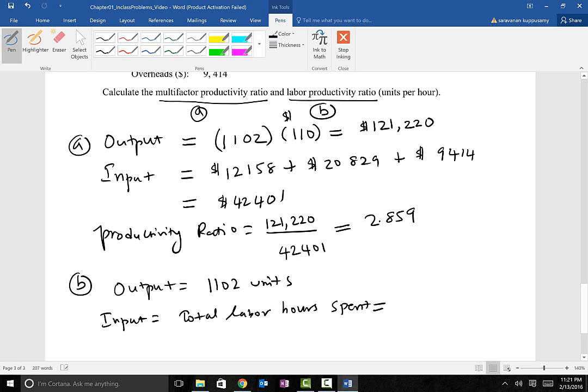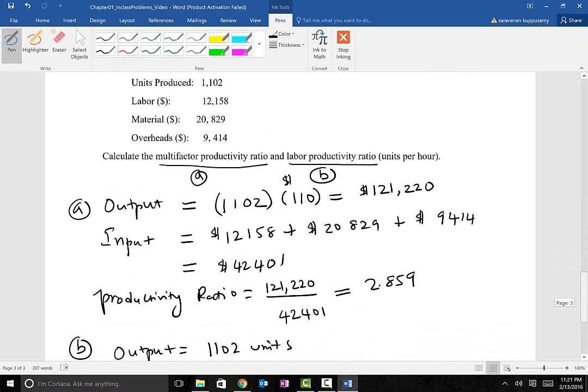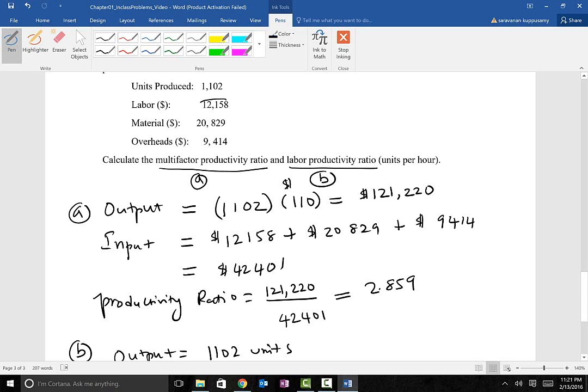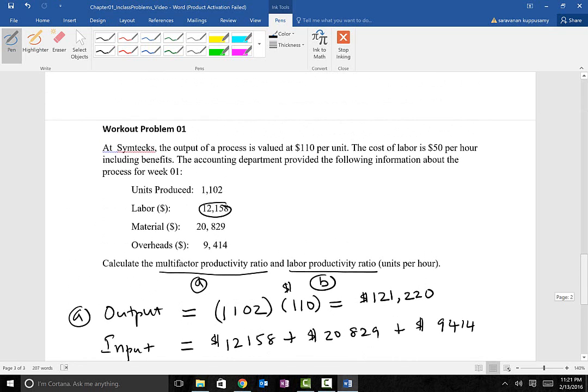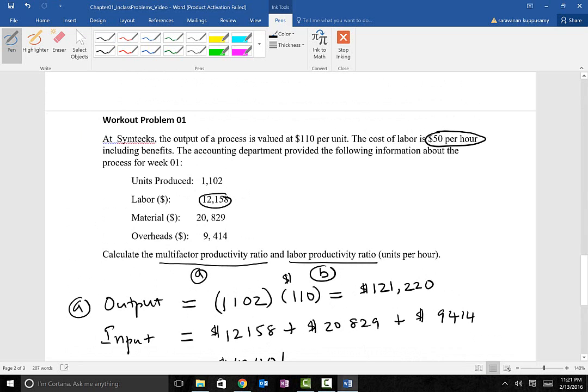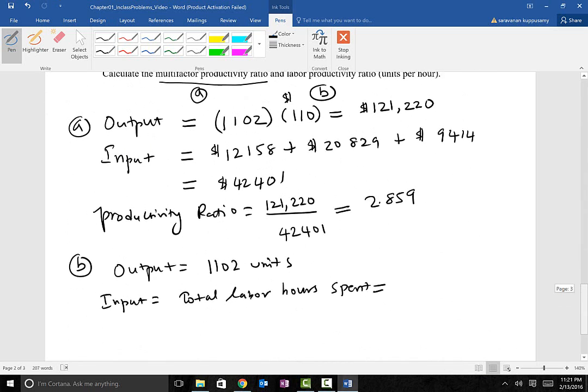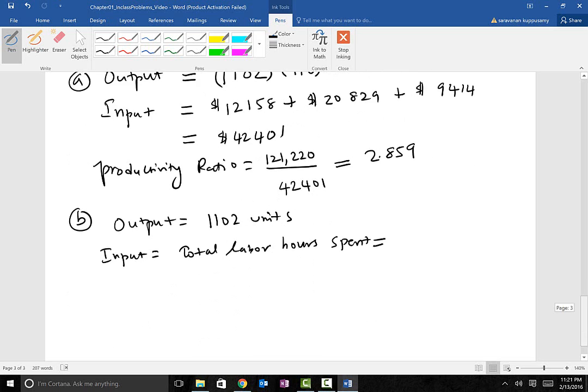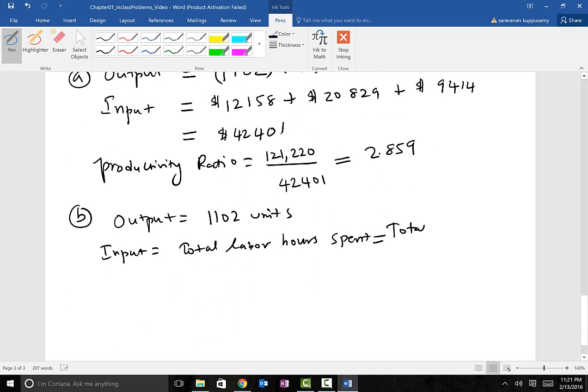The total cost spent in labor is 12158, and the cost of labor is $50 per hour. So you can use those two pieces of information to calculate the total labor hours spent. Total labor hours spent is total labor cost divided by labor cost per hour.